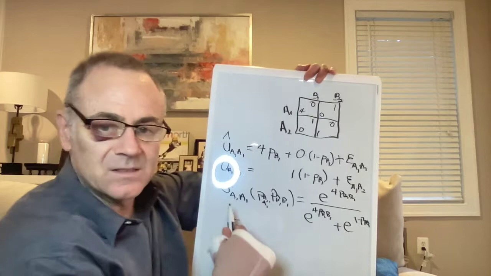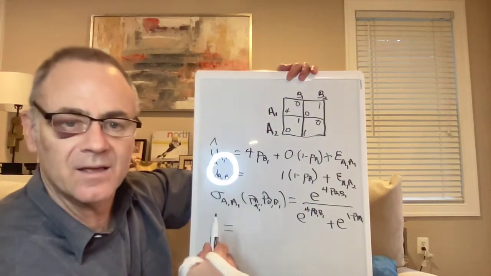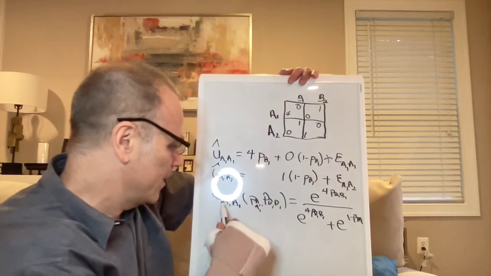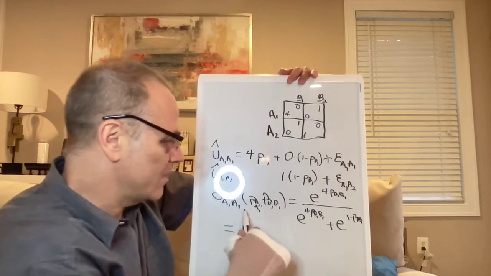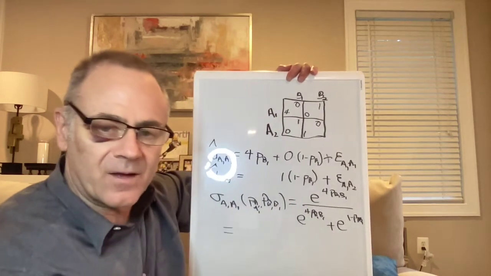Okay, so that's it. Sigma A, A1 equals this. The probability that A plays A1 is this.